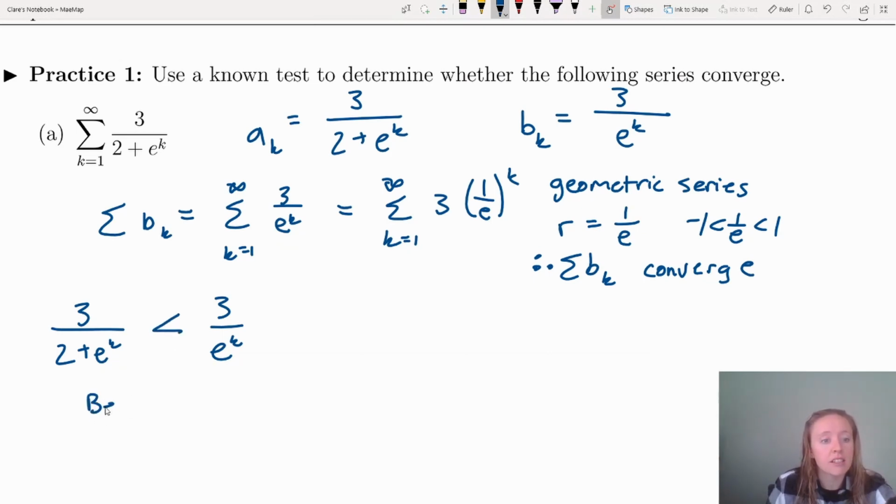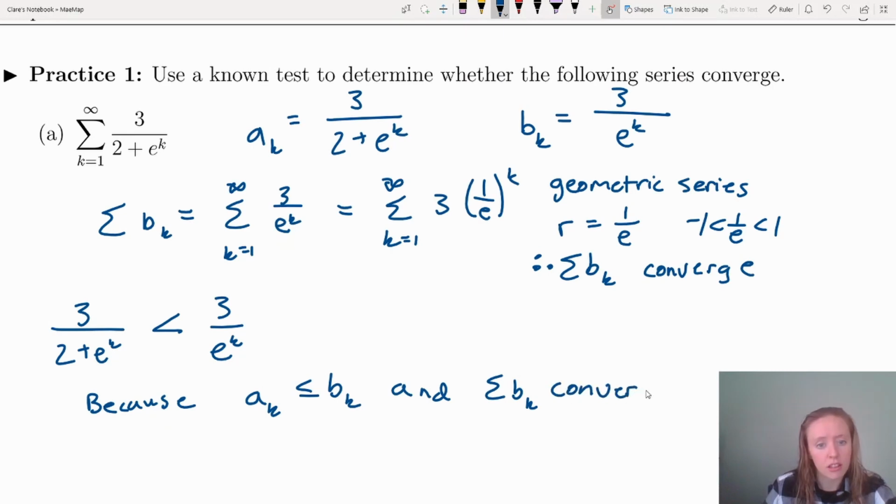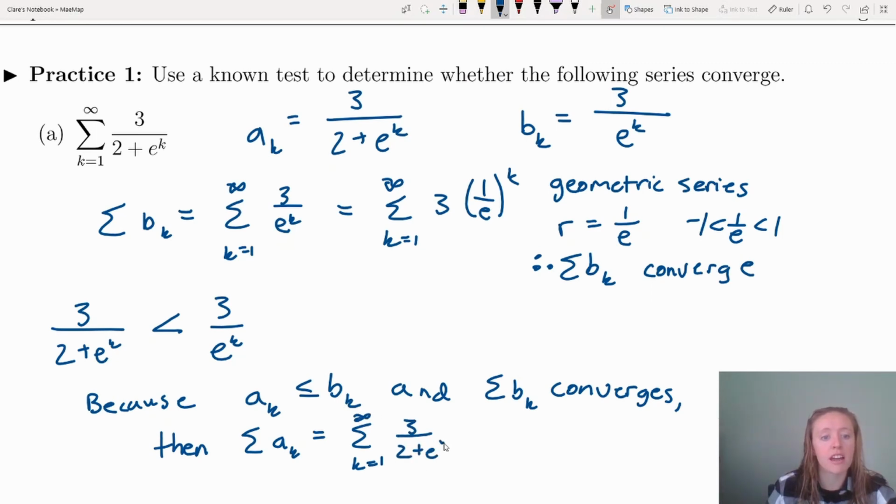So, because a sub k is indeed less than or equal to b sub k, and I showed that my series of b sub k converges, then I can say that a sub k, which I'll go ahead and rewrite, from k equals 1 to infinity of 3 over 2 plus e to the k, I know that that converges as well.